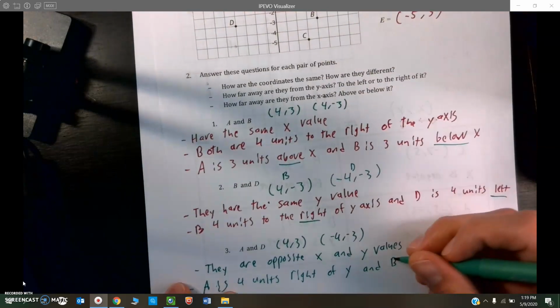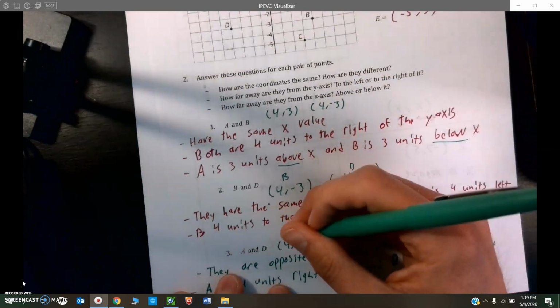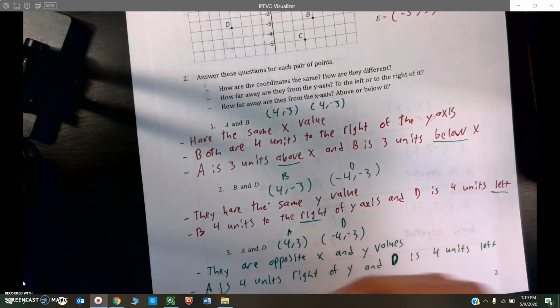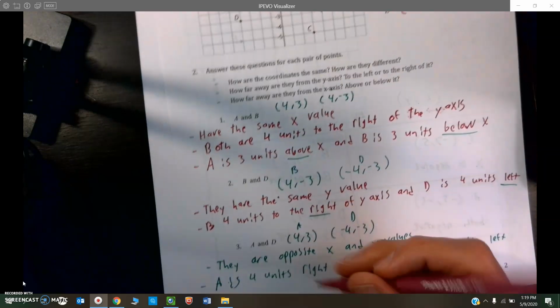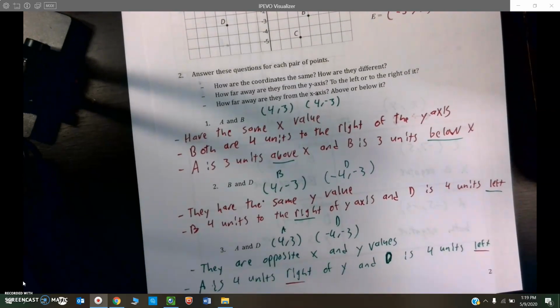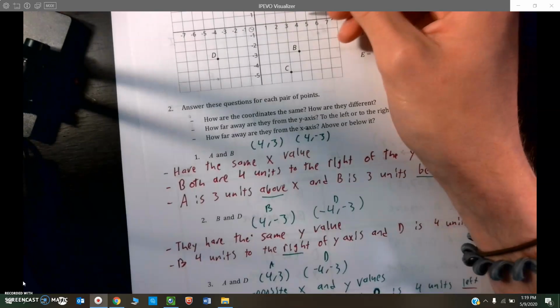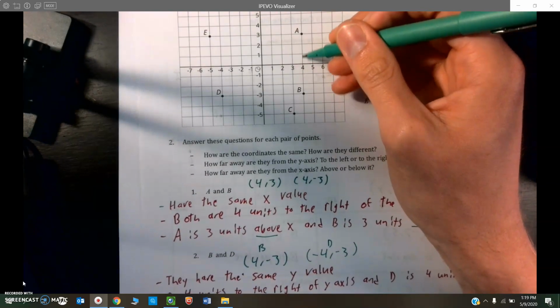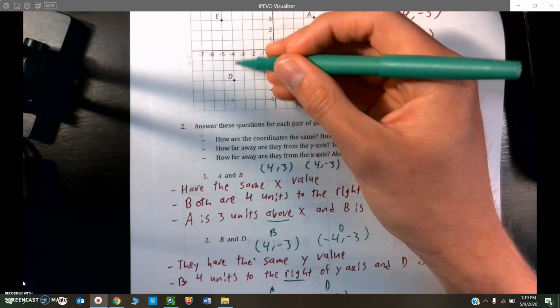And then in terms of the x-axis, A is 3 units above the x, up 1, 2, 3, and D is 3 units below the x, 1, 2, 3.